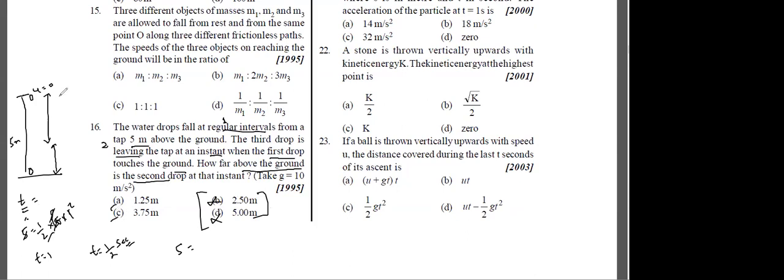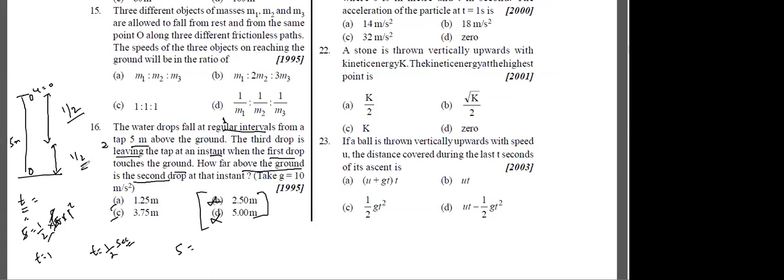Now, second, this and this. We know that as an object falls down, does speed increase or decrease? Think about it. It will increase, right? So the distance covered in the first half time will be less than the distance covered in the second half time.